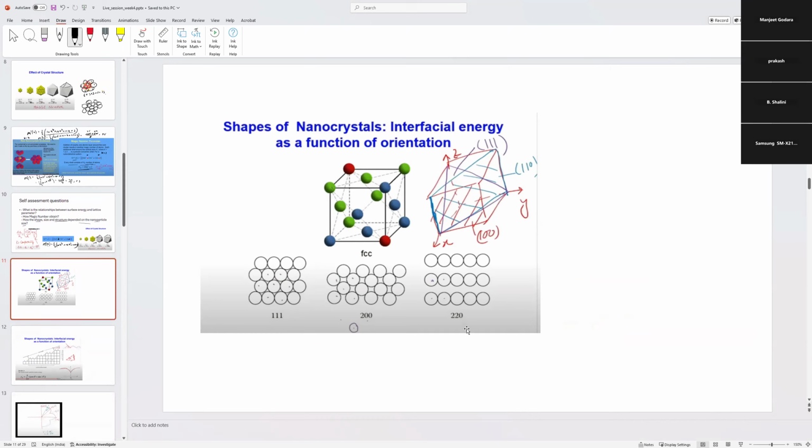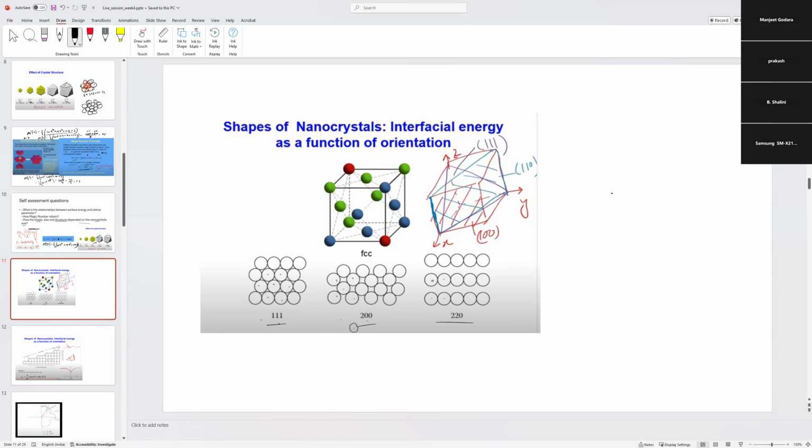Next he covered interfacial energy as a function of orientation. So for this FCC, we have different cross section views according to different directions. If you cut along the 111 plane, you'll see atoms sitting packed together with each other.